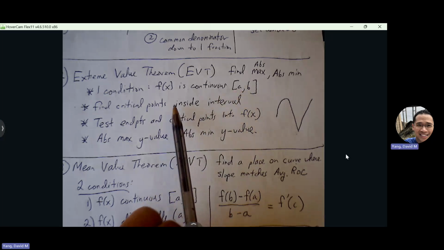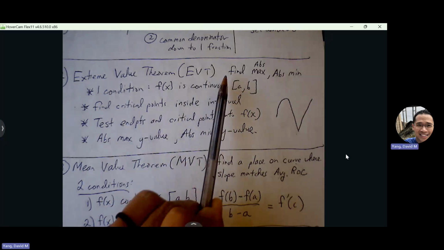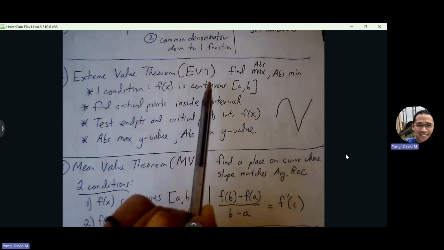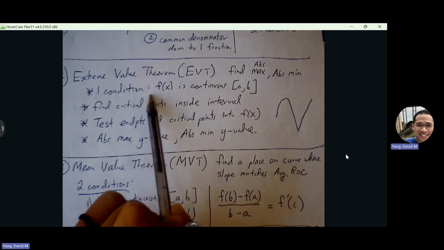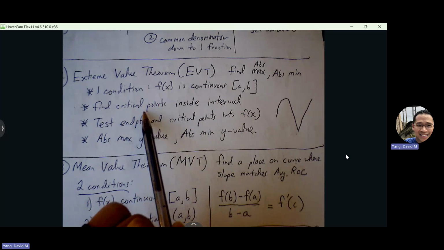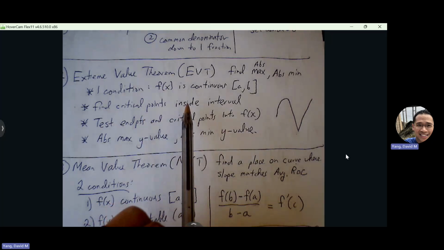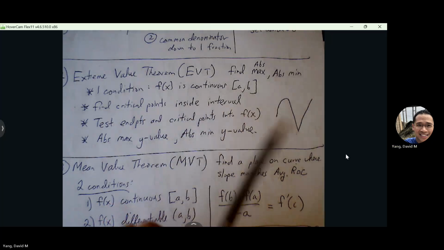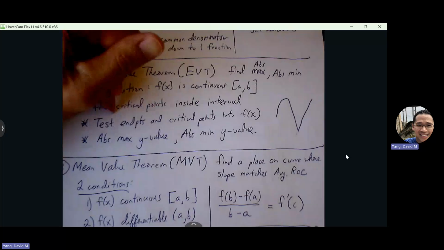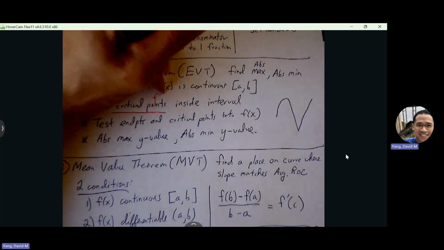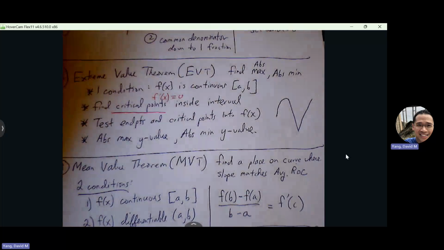And then our steps is, we know we're going to test endpoints, so we're going to save that for later. We have to find critical points. So critical points comes from your derivative. Find critical points. This is where you're setting f prime of x equal to 0.